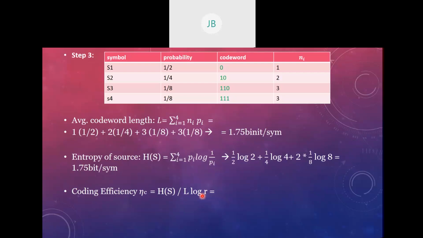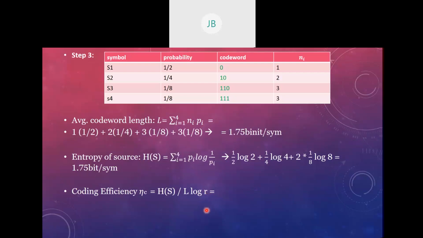So generally we use by default binary coding 0, 1. So R value is 2. So this is log base 2, and the value of R is 2 for binary.